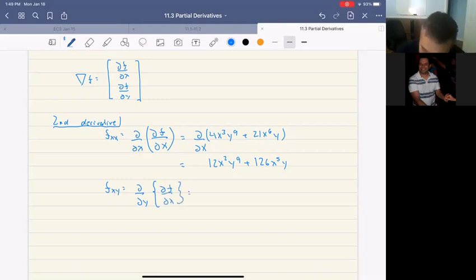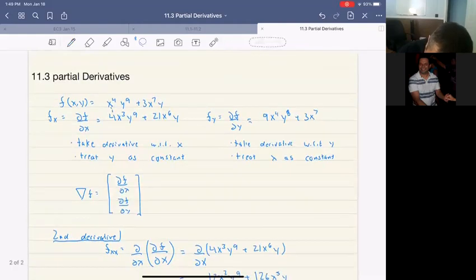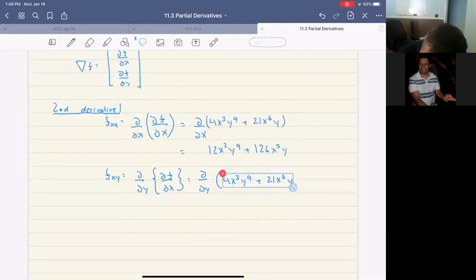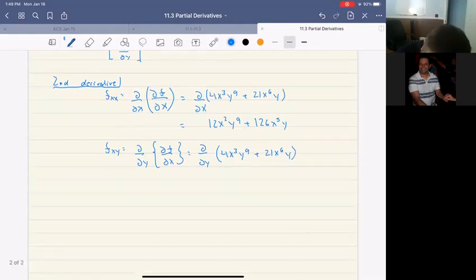So that means we're going to take the partial with respect to y of this thing again. Okay. So that's going to be, partial with respect to y, 36 x cubed y to the 8th plus 21x to the 6th. Okay, you've got to be a little careful with it.